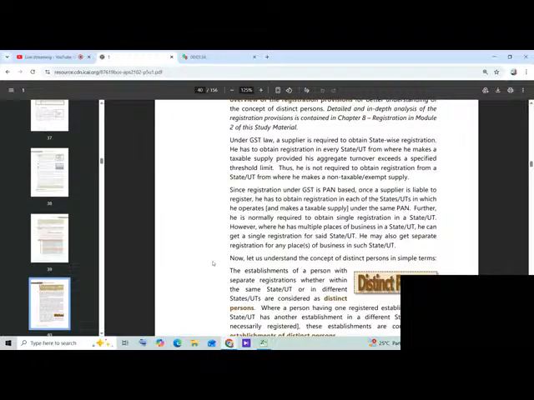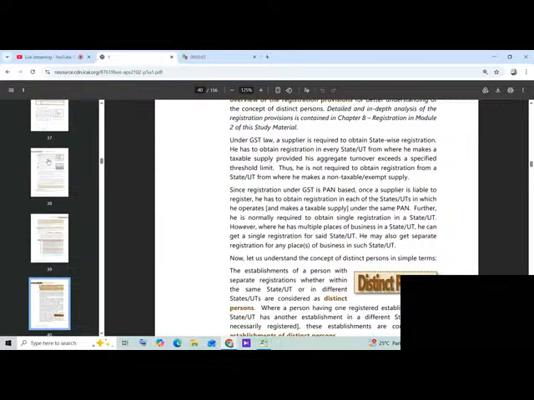However, where he has multiple places of business in a state or union territory, he gets a single registration for the said state or union territory. He may also get separate registration for any place or places of business in such state or union territory.